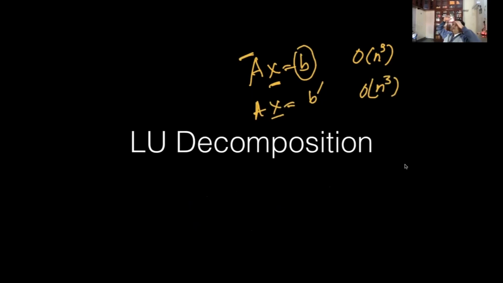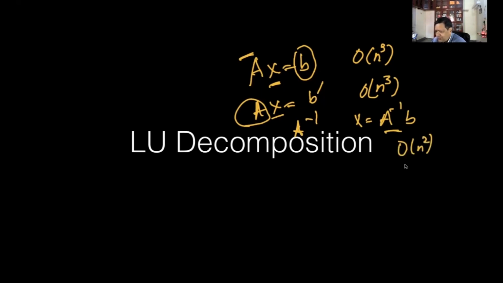If the matrix is used very often in this equation, then you can compute A inverse beforehand. Compute A inverse, and then if you know A inverse, x equals A inverse times B, and this will take order n squared. Matrix multiplication with n entries each takes order n squared.